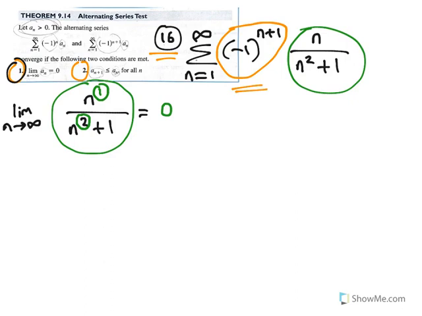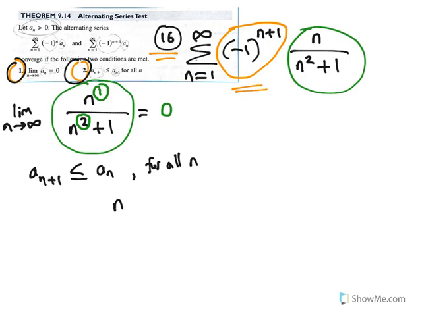Now number 2, the other condition that you have to check for is this. Is it true that a sub n plus 1 is less than or equal to a sub n for all n? Or if not for all n, then for all n greater than or equal to some integer. The problem here is if you were to try to do it like we did for the first problem, here's what you would have.